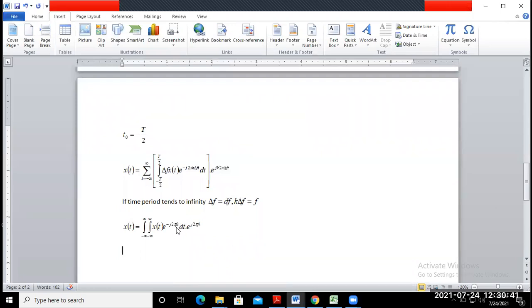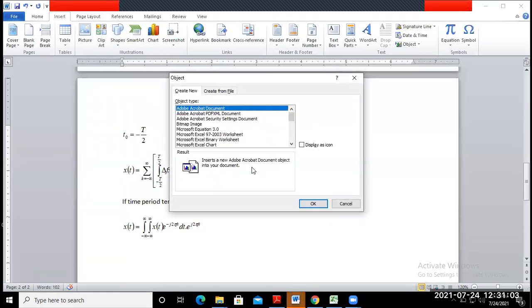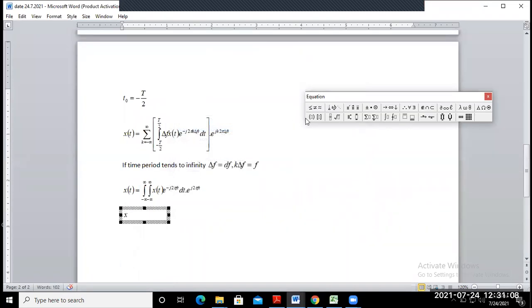So 2πf equals omega. Just put omega equal to 2πf in this equation. Then we can write x(t) equal to the integration from minus infinity to infinity.